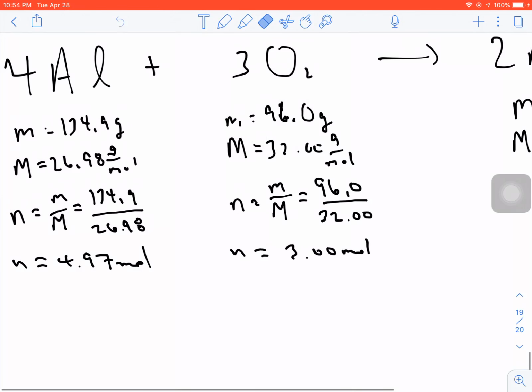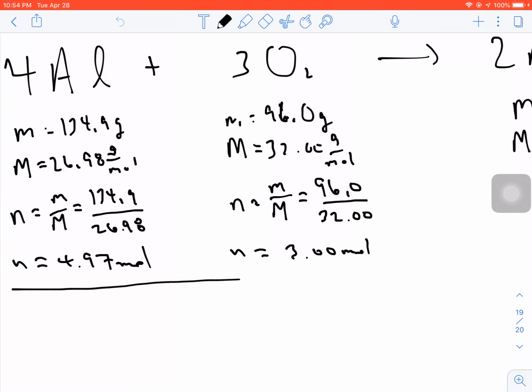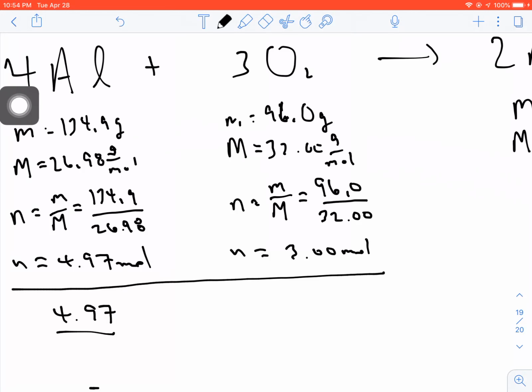and I'm going to draw a line across here. And it said divide the number of moles by the coefficient in the balanced equation. The coefficient here is 4.